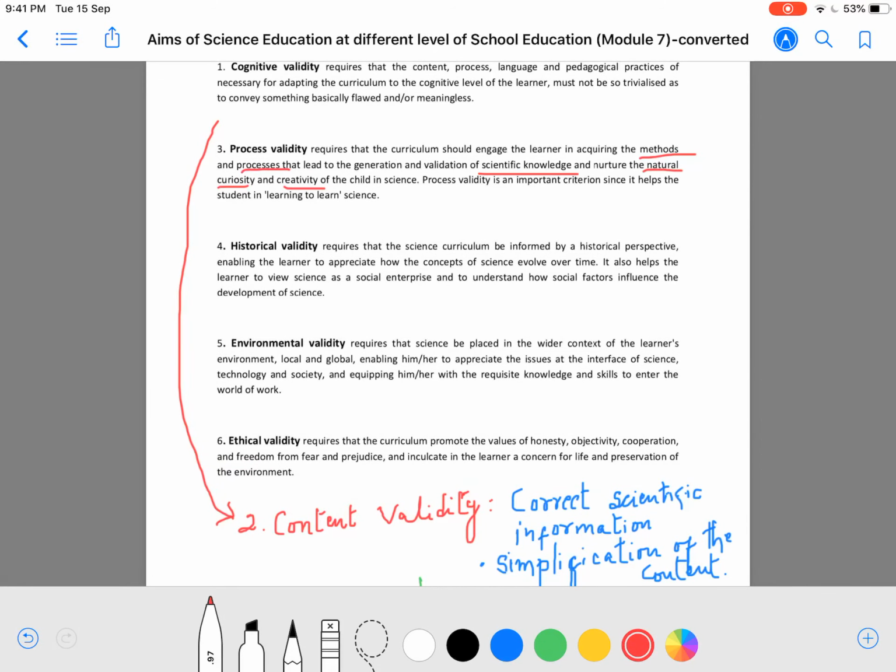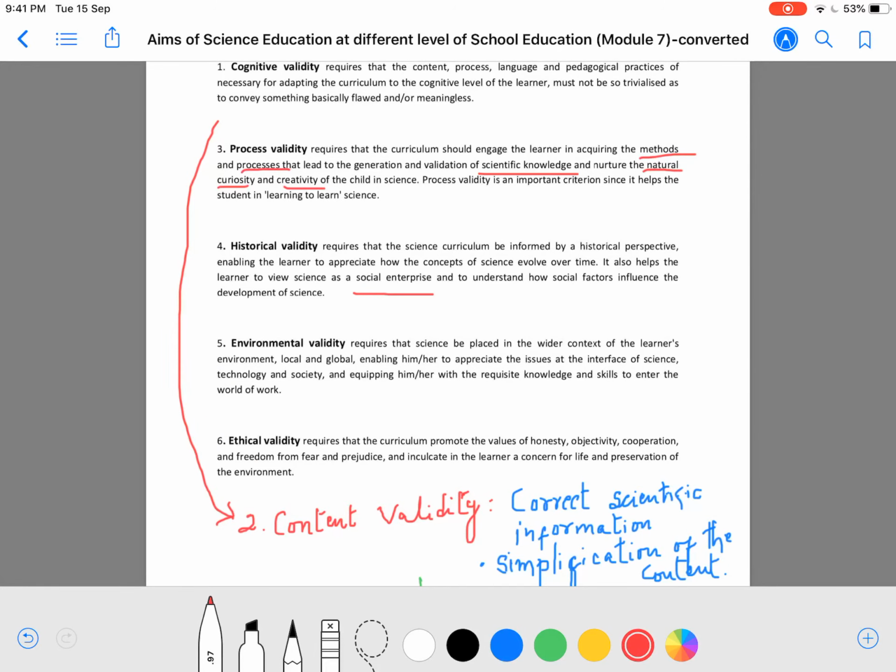It also helps the learner to view science as a social enterprise and understand how social factors influence the development of science. Then the next validity is environmental validity, and it requires that science be placed in the wider context of the learner's environment.